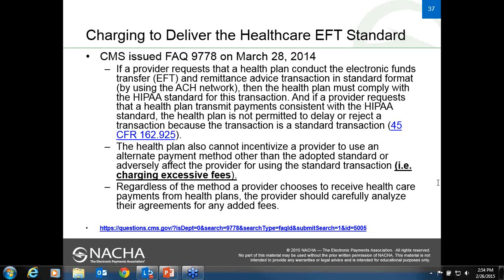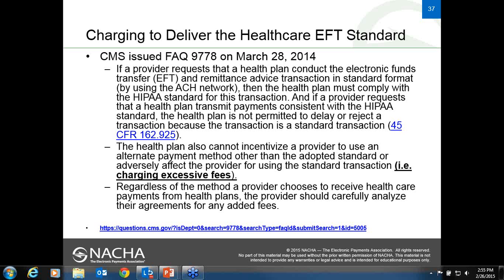They are not allowed to delay or reject transactions because the provider has requested delivery of the HIPAA standard. But it is important that providers recognize that they need to analyze the agreements that they receive from the health plans to understand what the fees are being charged for.